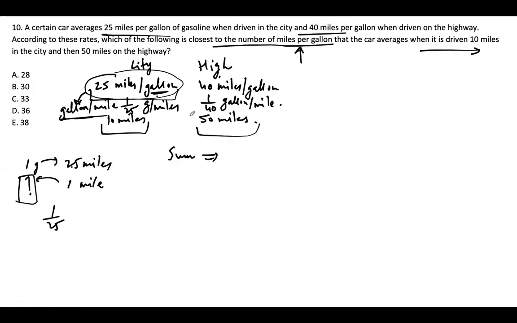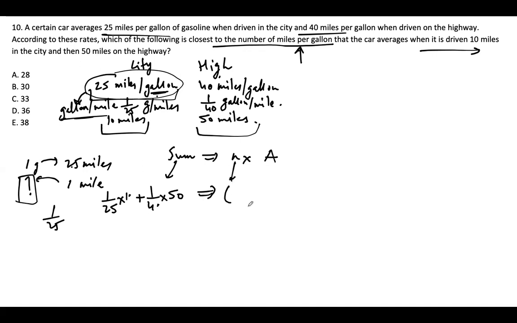But here, as we do not know the resultant average, I'm using sum of all samples as number of samples into average. So what is the sum of all samples? 1 by 25 into 10 plus 1 by 40 into 50.